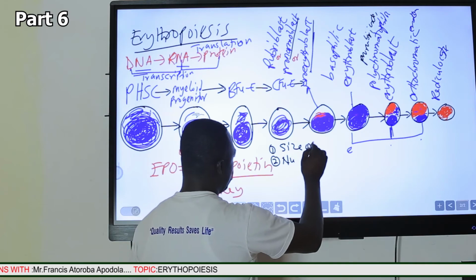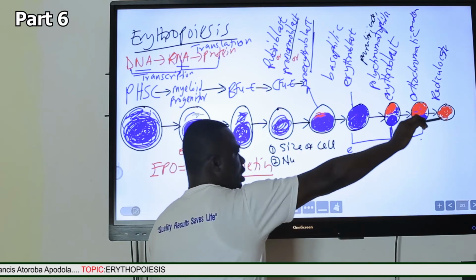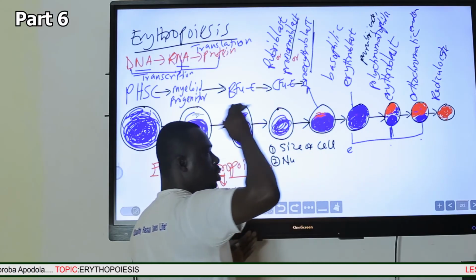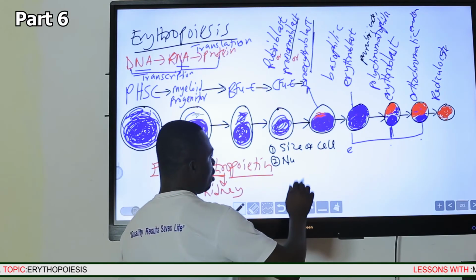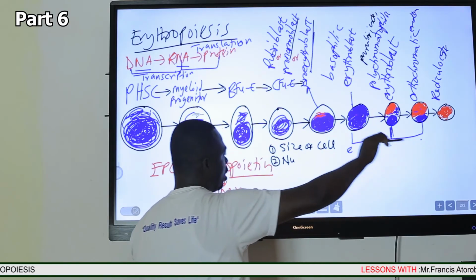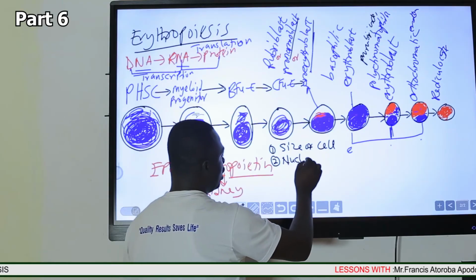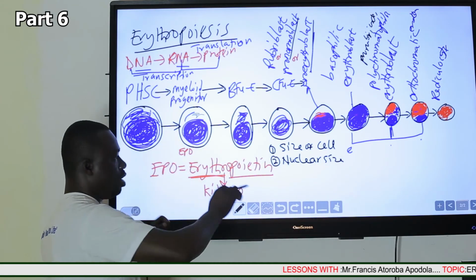It starts as a large cell, and as it is undergoing differentiation to the terminal differentiated cells, the cell size becomes smaller. So there's a decrease in size along the cell differentiation, and the nuclear size also decreases.